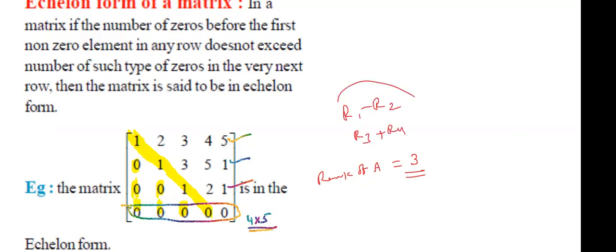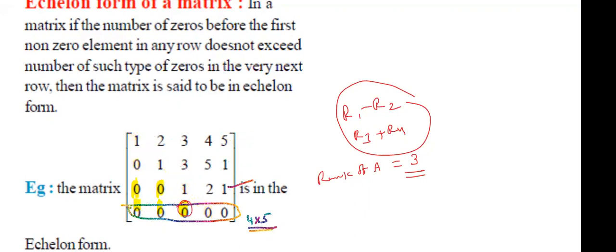Do some operations so the elements become 0. After converting, see here: in the first column, except the first number, all remaining elements should be 0. In the second column, the first two elements are non-zero, remaining elements 0. And the third column like this. So if you convert into echelon form, you will get the rank very easily.